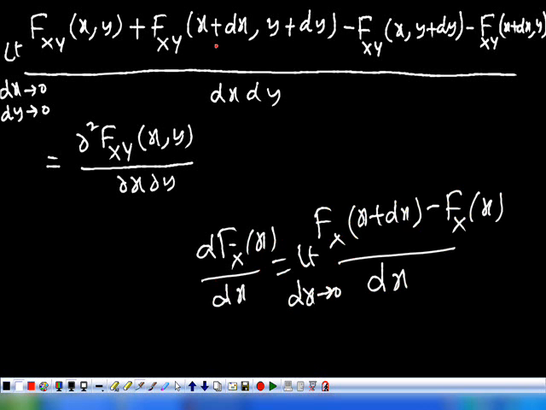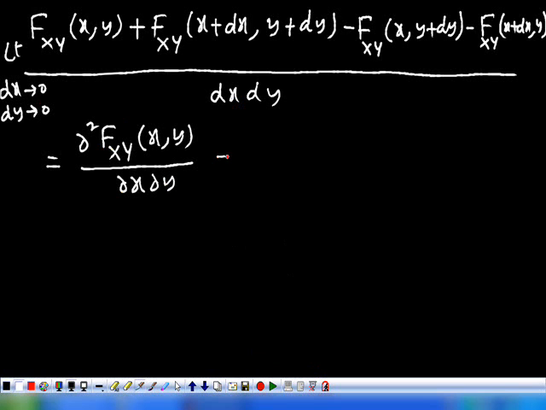In the same manner, this divided by this, when dx tends to 0 and dy tends to 0, is the partial derivative of this with respect to x and y. So the partial derivative of Fxy of x comma y is equivalent to fxy of x comma y. Is it? Follow this.